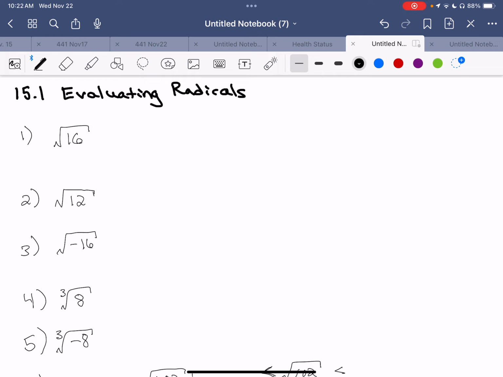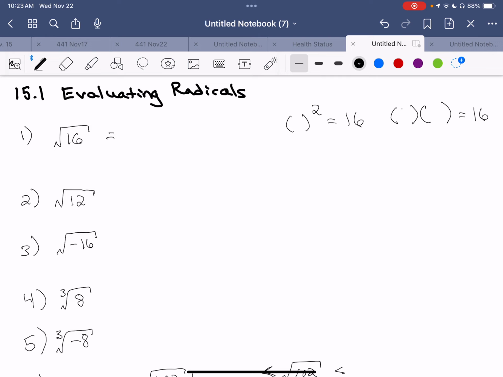You're asking yourself, what number squared or cubed will give me 16? So in this case, the first question, square root of 16, we're saying what number squared gives me 16? More particularly, what number times itself equals 16?